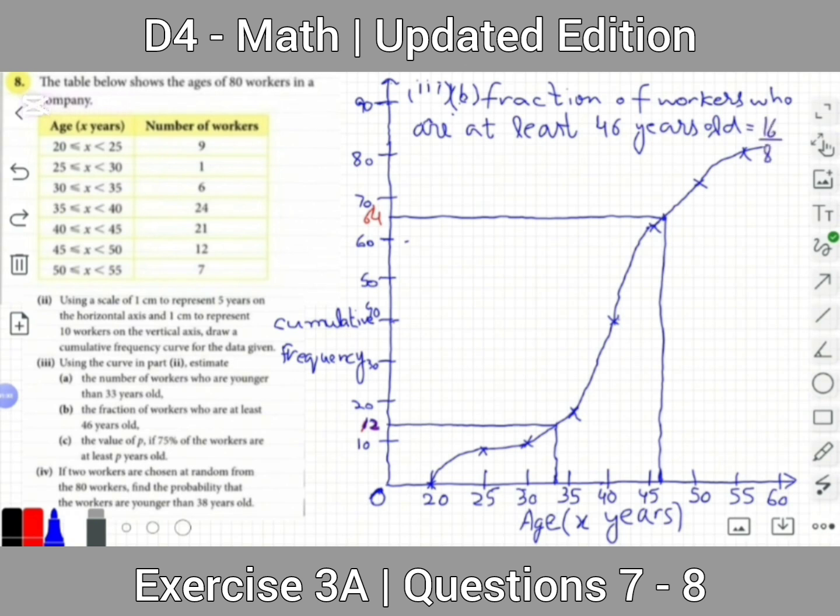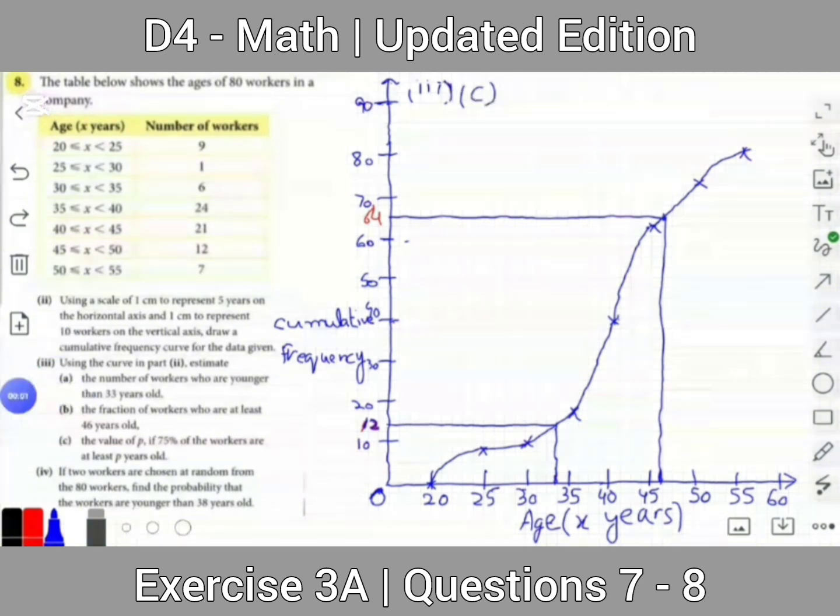And after simplification, it will give us 1 over 5. So the fraction of the workers who are at least 46 years old is equals to 1 over 5.